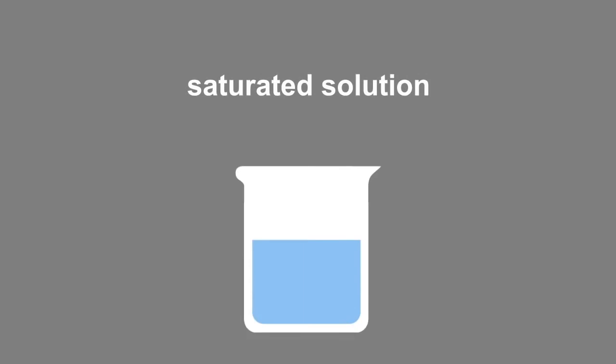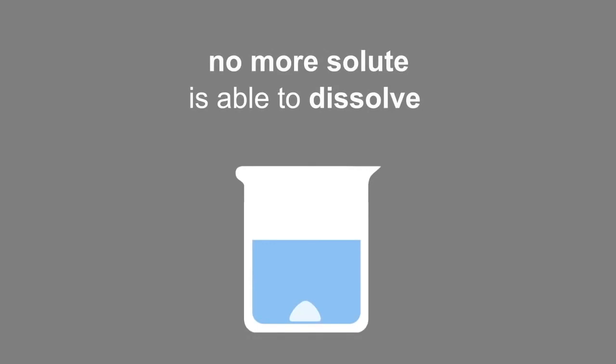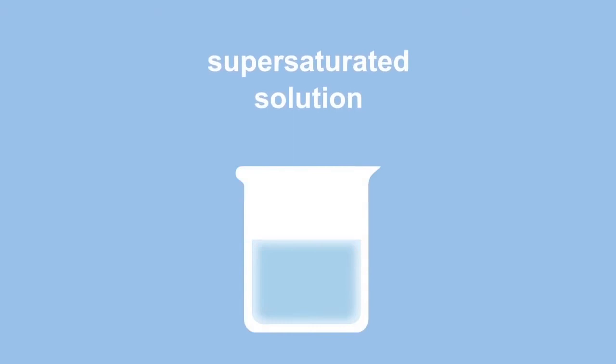In a saturated solution, no more solute is able to dissolve. If we took this saturated solution and let it cool, it would become a supersaturated solution. This means that there is more solute than the maximum amount able to dissolve. When this happens, some of the solute may crystallize or come out of solution.